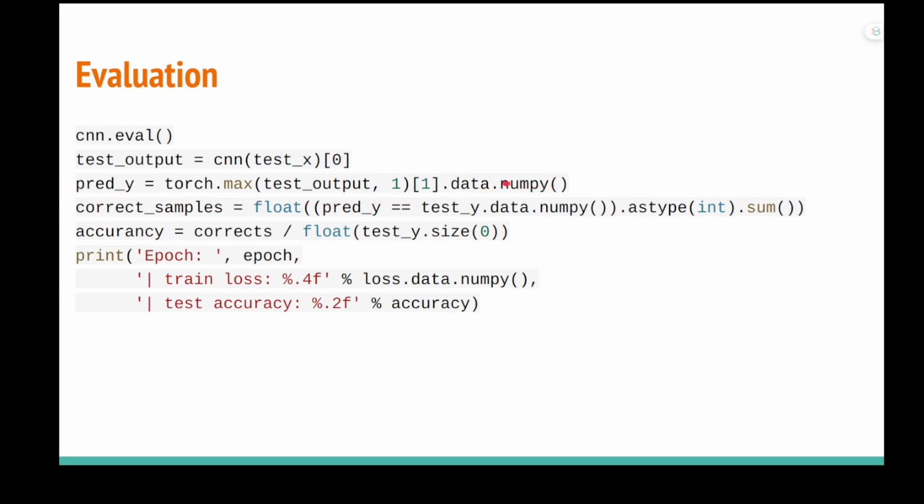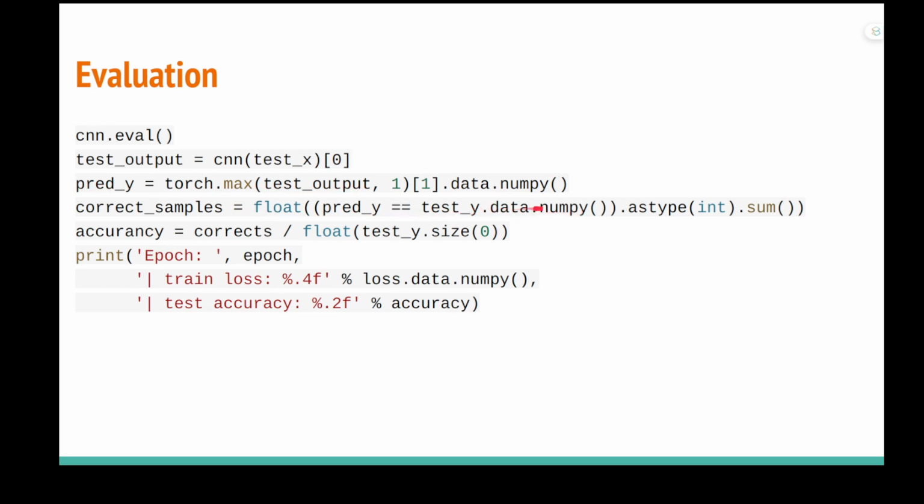Of course, you can still implement this in the PyTorch framework if you want, but the implementation will be a little bit different. In this case, we use NumPy to do the calculation. So after we get the output here, this will be the prediction. We compare the prediction to the label, the test label.